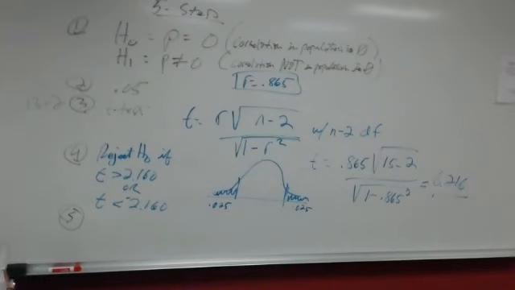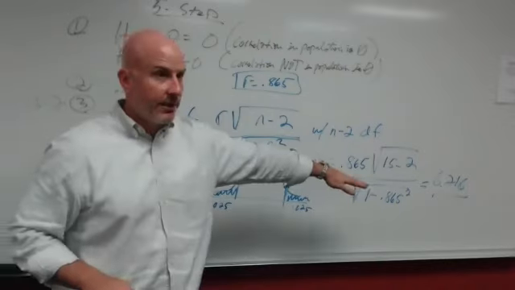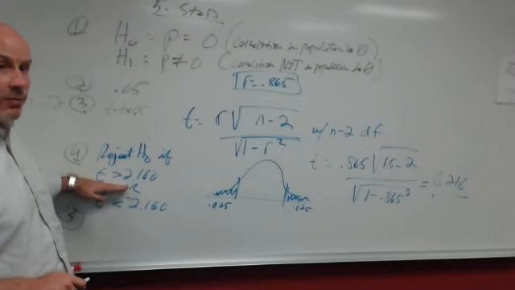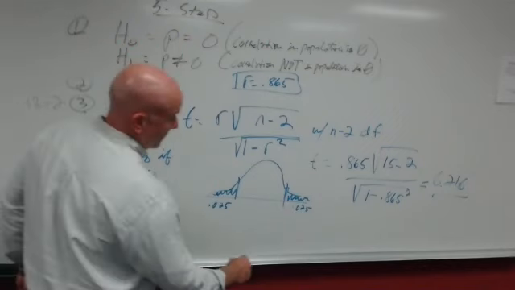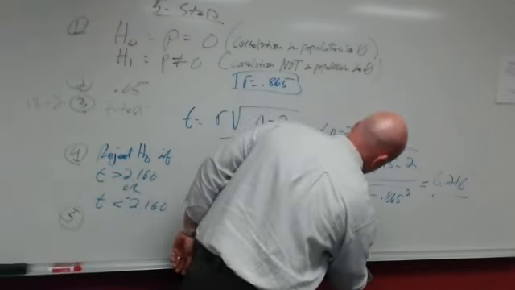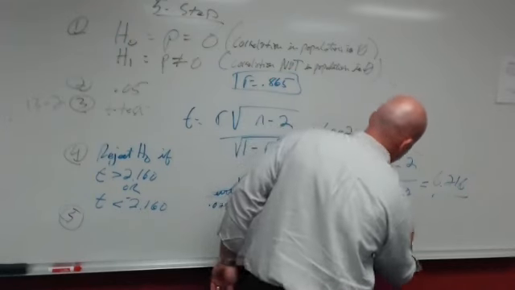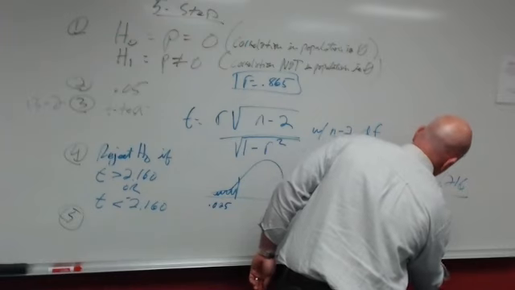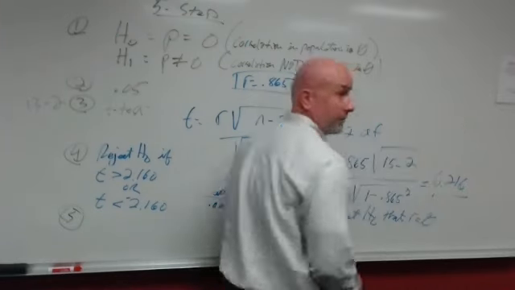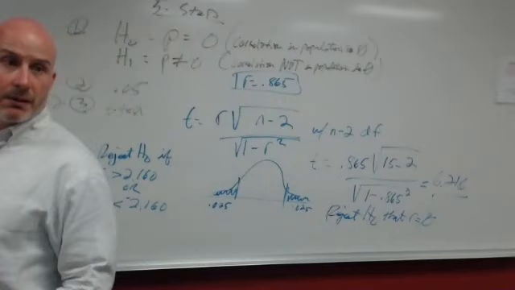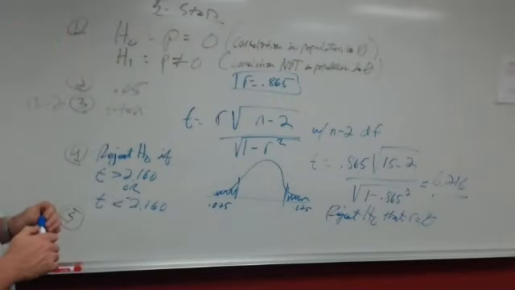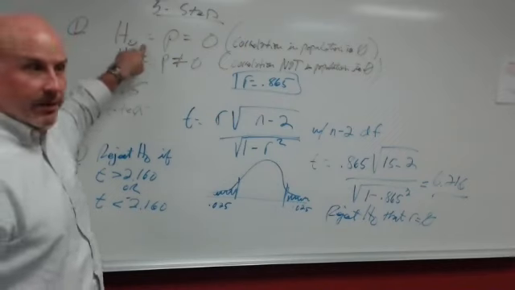So let's interpret that. Our test statistic, 6.216, is it greater than 2.160? So we are going to reject the null hypothesis that the correlation coefficient is equal to 0, which is this up here.